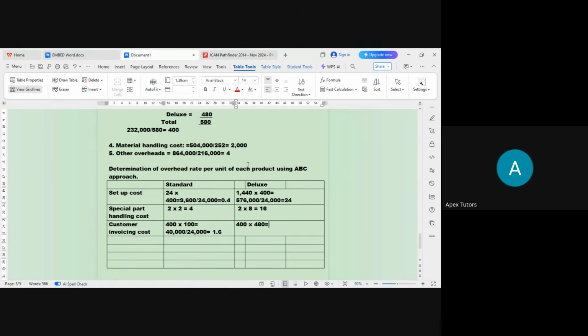Then we have 192,000. Divide by 24, and we have 8. That is the customer invoicing cost.